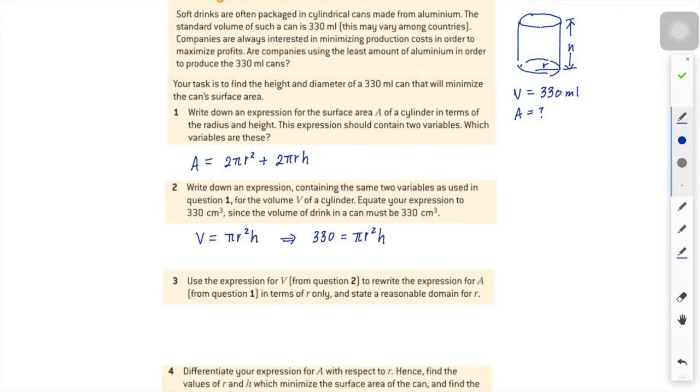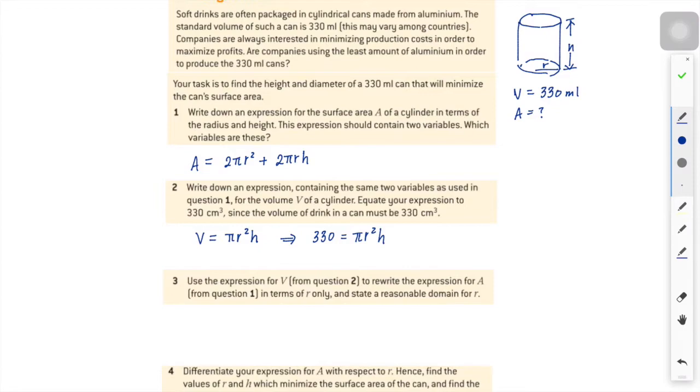Number 3, use the expression for V from question 2 to rewrite the expression for A in terms of r only and state a reasonable domain for r. Because we want to write the area in terms of the radius, we need to find a substitution for h, the height.